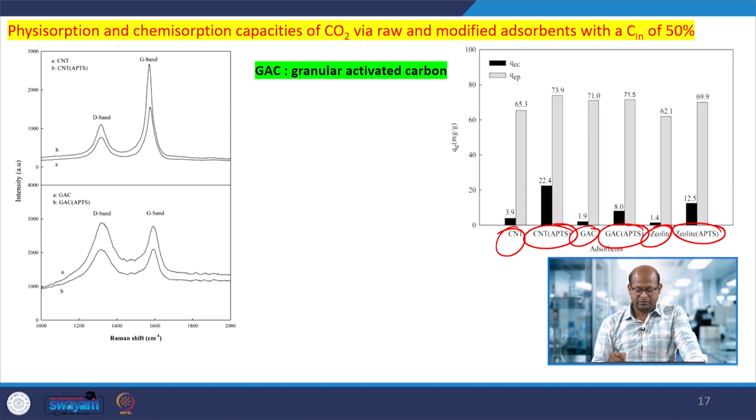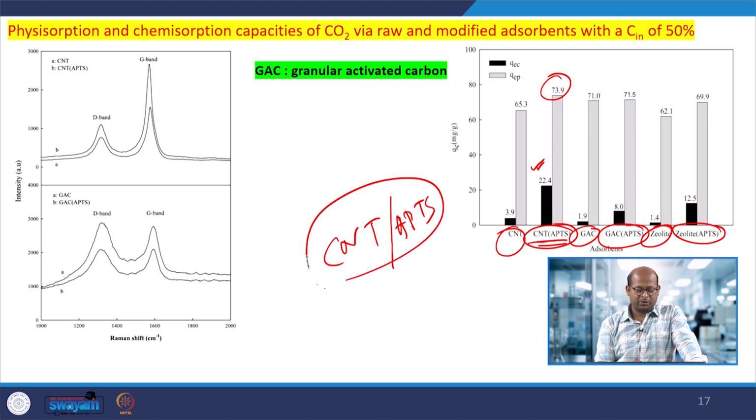So you can see, CNT APTS chemical adsorption is much better than the other materials. Here three different nanomaterials were taken and compared for CO2 adsorption study, and physical adsorption is also much better in the case of CNT modified with APTS.